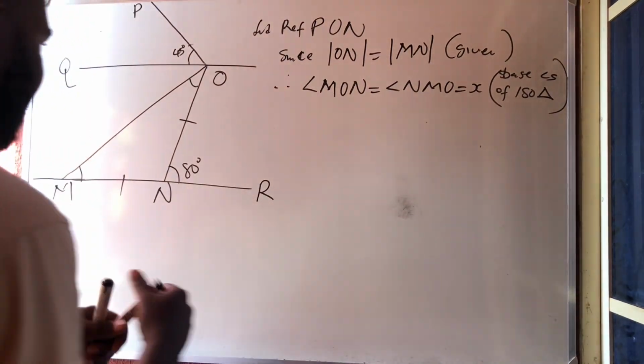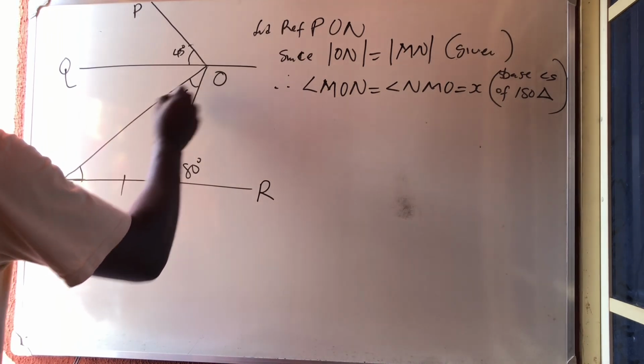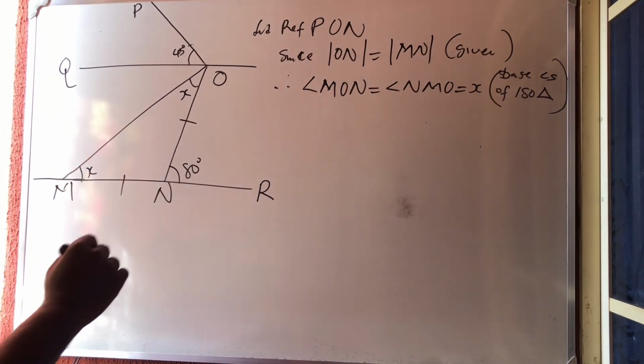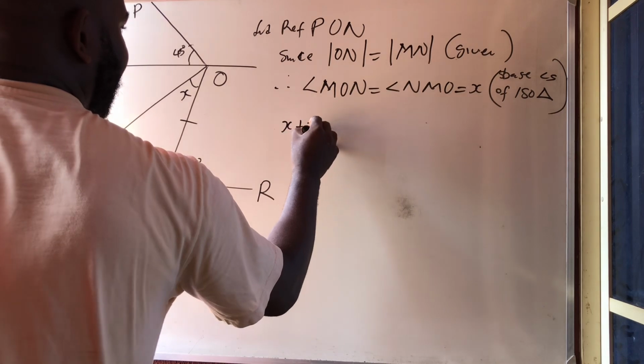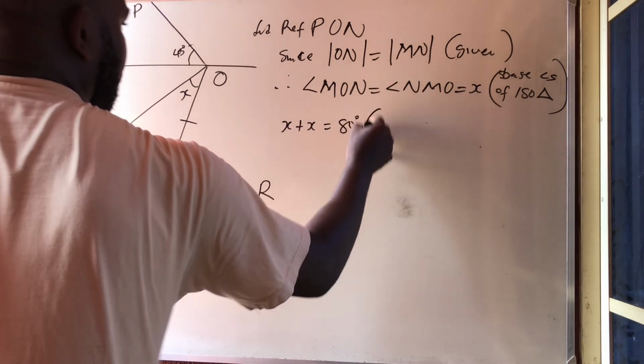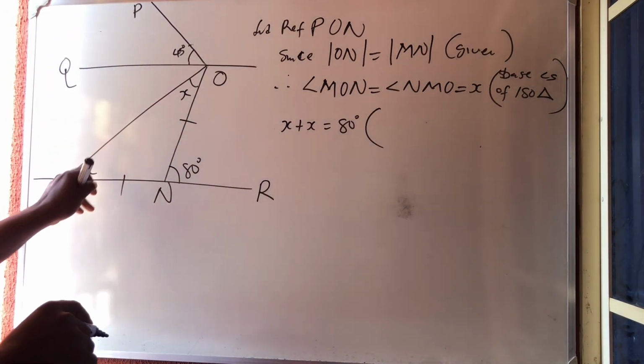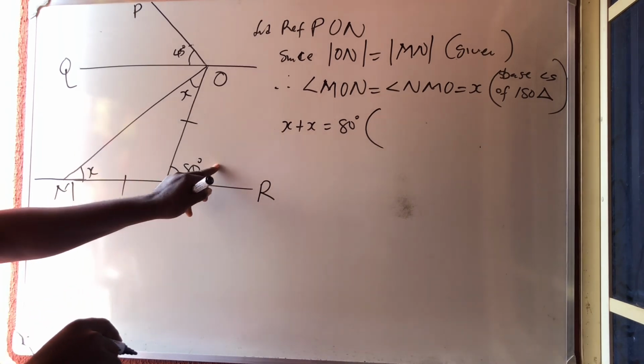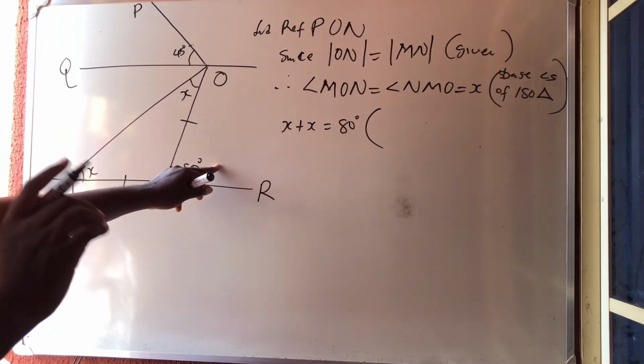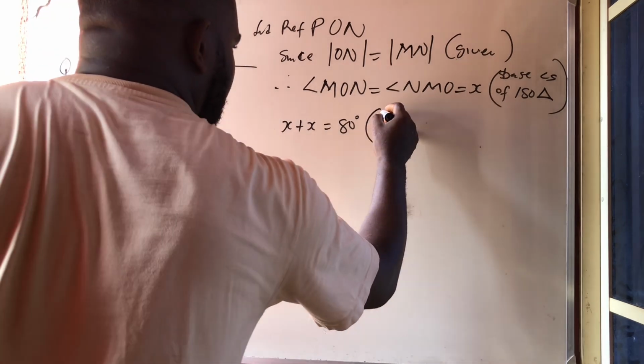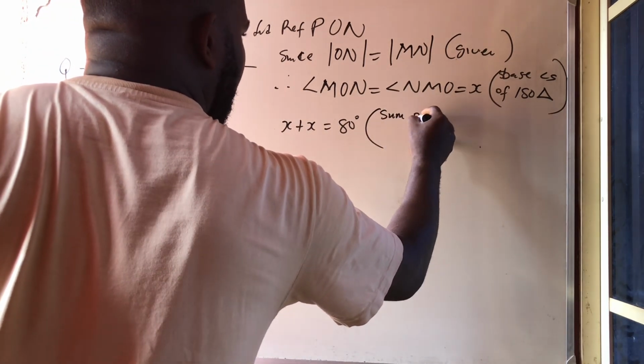So let me say that they are x. If we say that they are x, so therefore here will be x and here will be x. Do you know that x plus x is equal to 80 degrees? What is my reason? Sum of two opposite interior angles equals one exterior. I told you that in the other video.